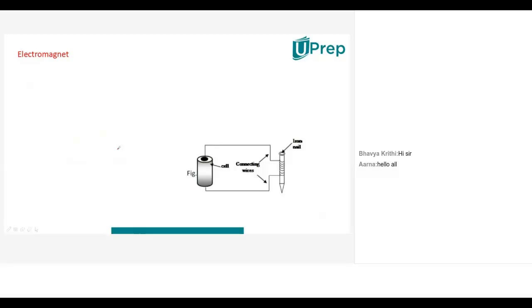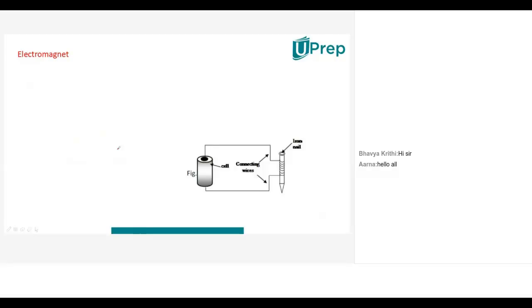You were there in previous class or not? I was there. Sir, I can't recall. Okay, Priscilla? Sir, like electroplating is a process where two metal elements are taken, and one element is put on the other like a layer. Okay.